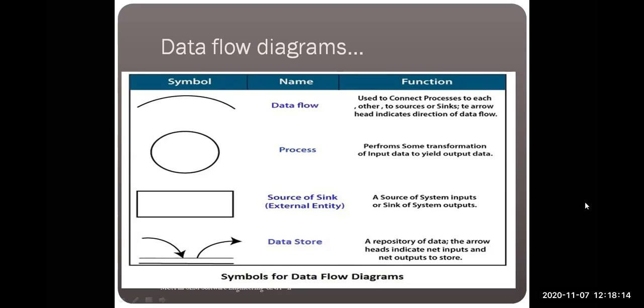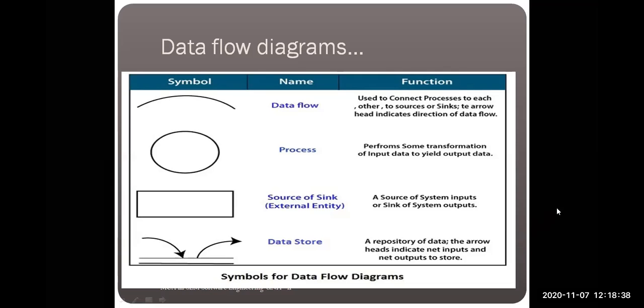Next, there is one more representation. A double straight line will be used. It is one kind of data store. Data stores are nothing but the place where we store the data. It may be a file, or some kind of server where the data can be sent or received.